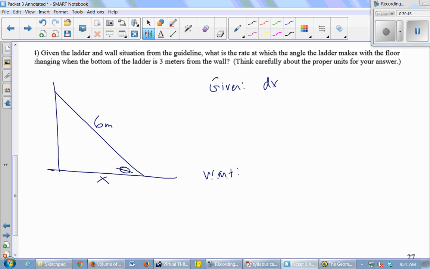So dx/dt is 1/2 meter per second. And this time, they want to know the rate of change of the angle. So they want to know dθ/dt when the bottom of the ladder is 3 meters from the wall, when x is 3.